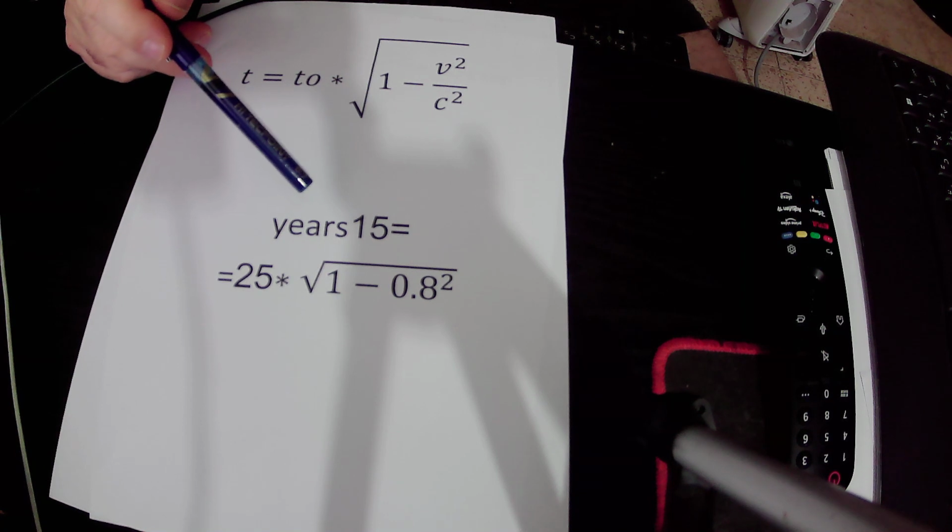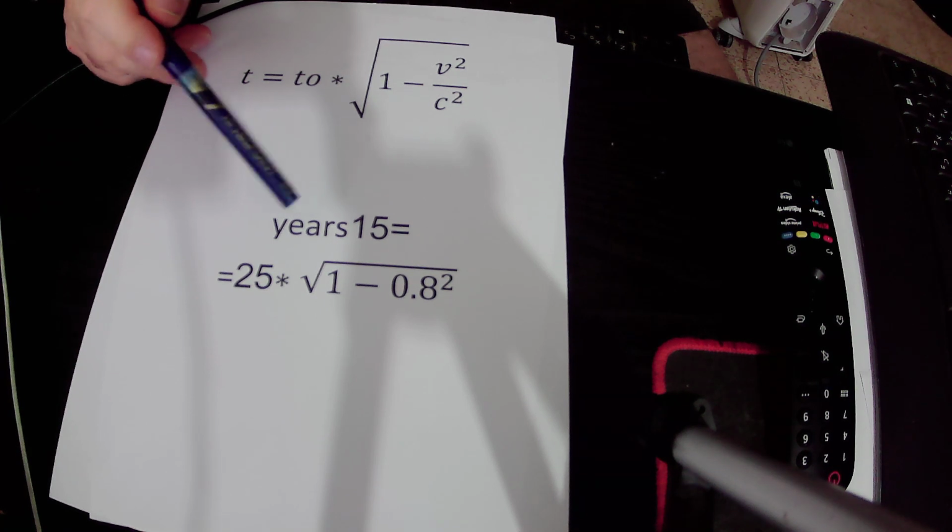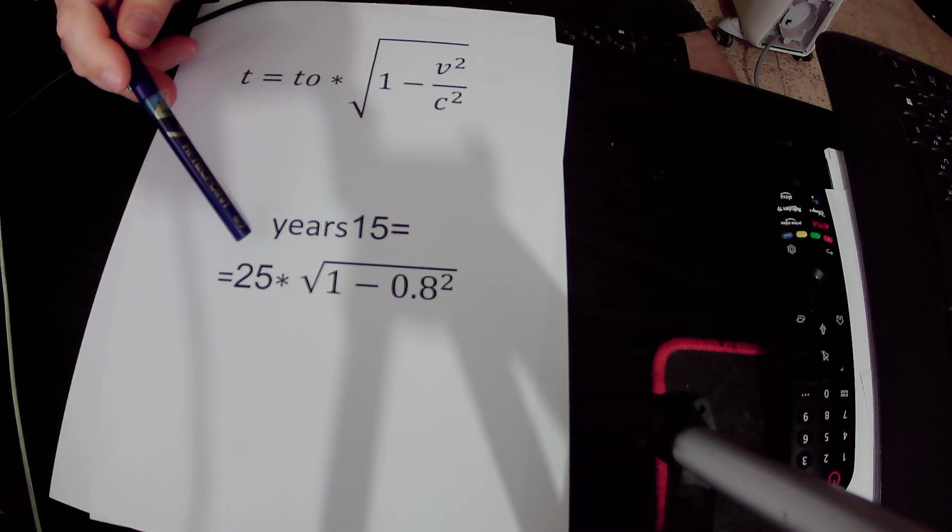So in the spaceship, the time that has passed is only 15 years, 10 years less than the time that has passed on Earth.